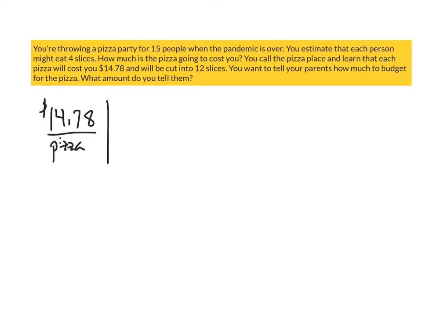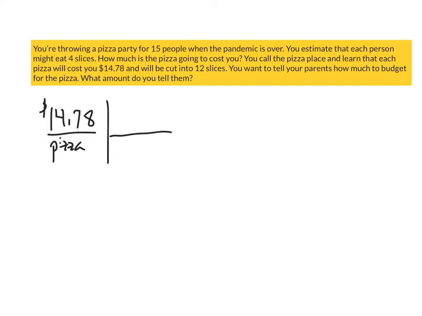What else do I know about the pizza besides the cost? Well, I know how many slices were in my pizza. That was 12. So I can go 12 slices per pizza. But if you see this, that does not cancel. They're both in the denominator.